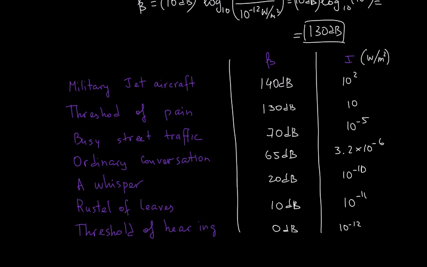So be careful when you're listening to music or being exposed to sound. By the way, talking about music, a rock concert has about 120 decibels of sound intensity level. Be careful with the sounds.